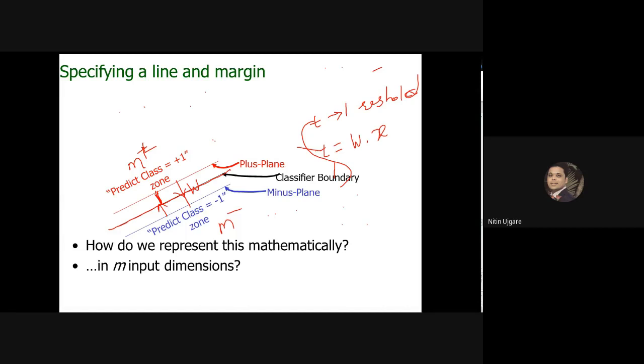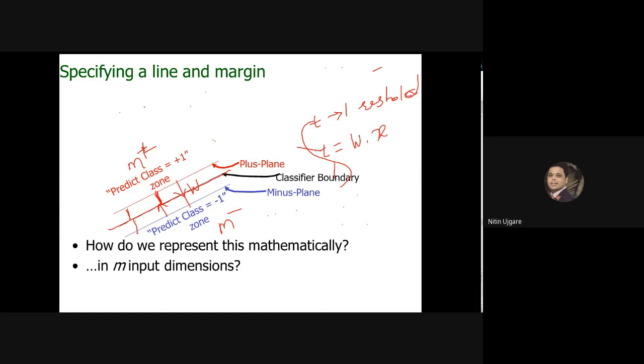So the sum of m plus and m minus is independent of this threshold value t. That is very important because it is a nature of the input instances. Therefore, SVM tries to adjust the weight w and hence in turn t, because we want m plus and m minus to be the same, so that the distance on the positive side and the distance on the negative side are equidistant.